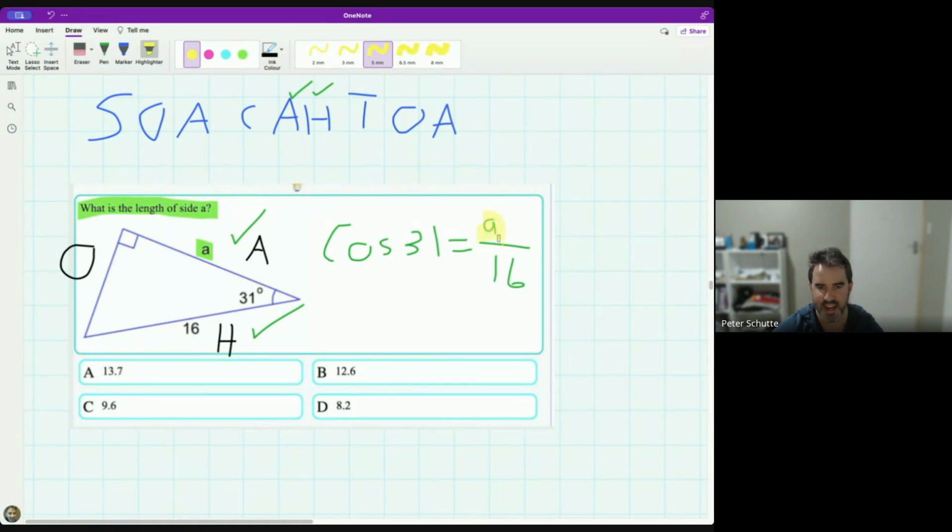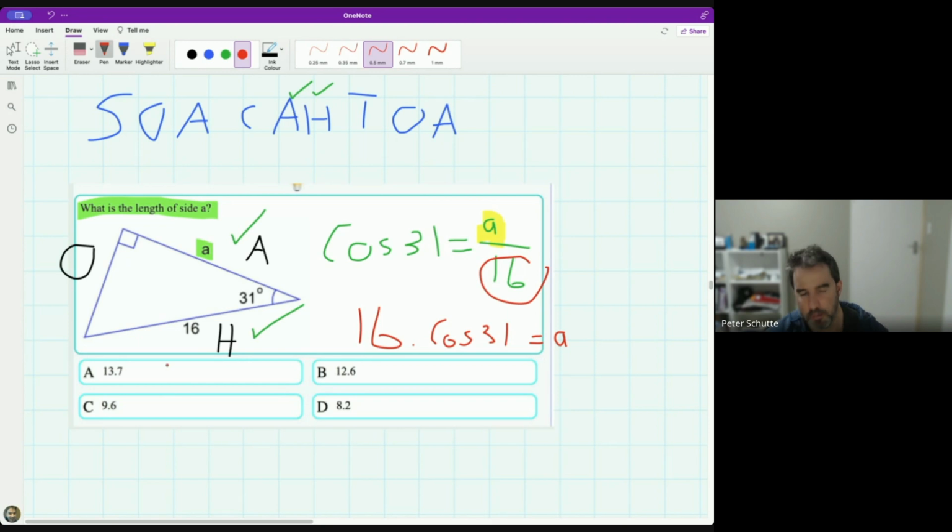We are trying to find A. What we need to do to get that A by itself is move the 16 to the other side. So we go 16 times cos of 31 is equal to A. Which of these four options here is going to be the correct answer?